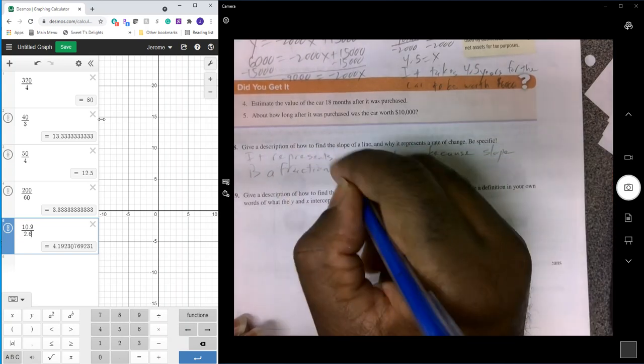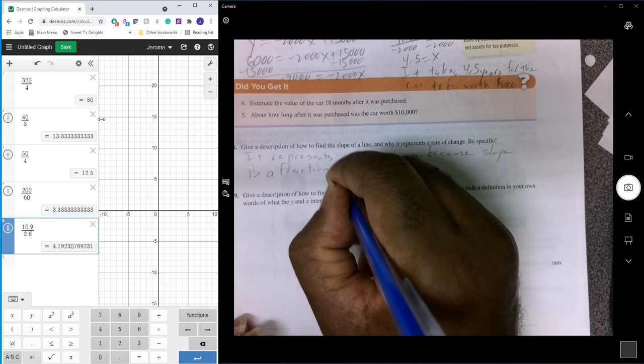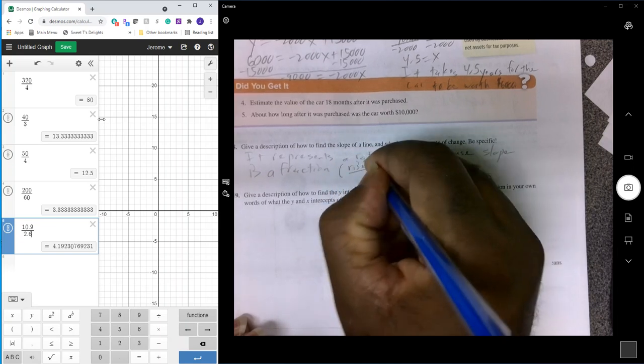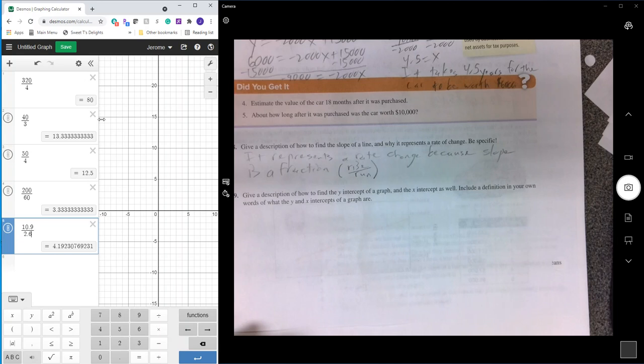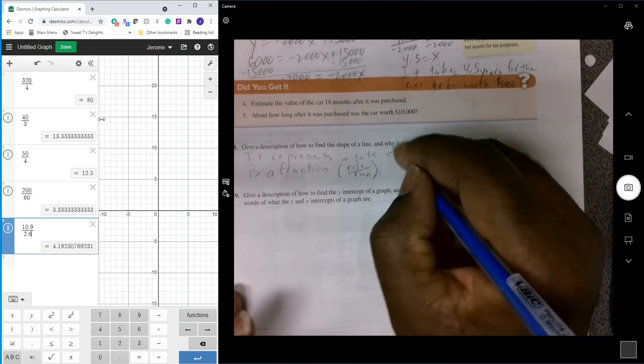And I'll put the fraction here: rise over run. That's the fraction.